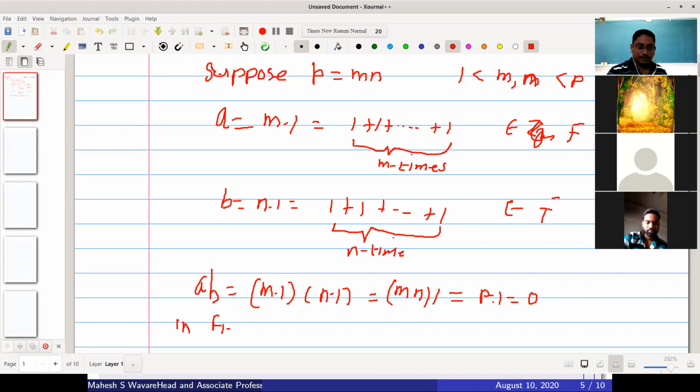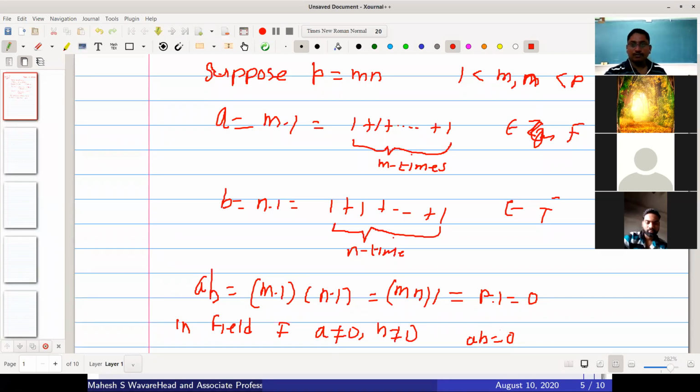So you have concluded that in a field F, a is non-zero and b is non-zero, but the product ab becomes 0. Is it possible in a field? We have seen the result.